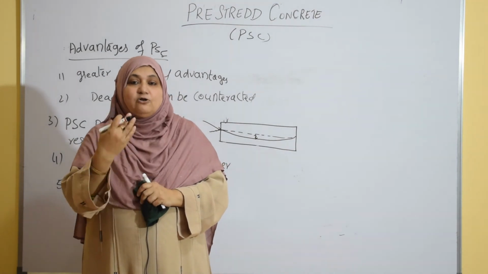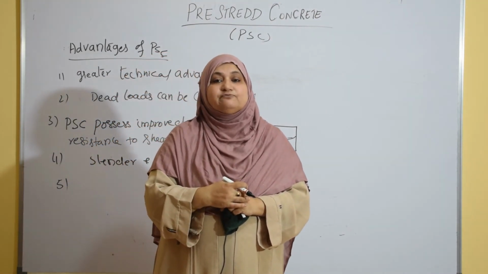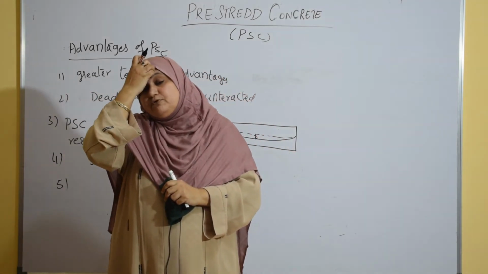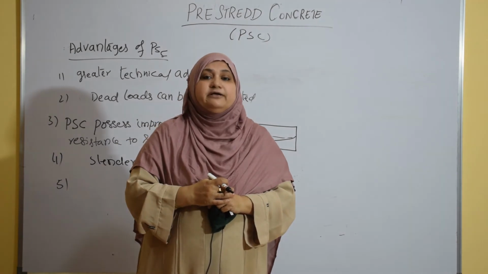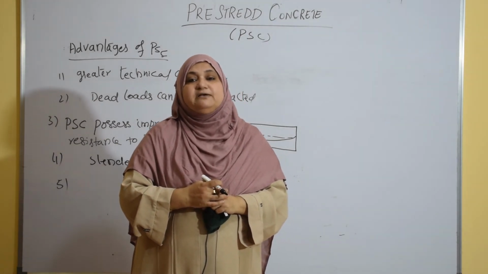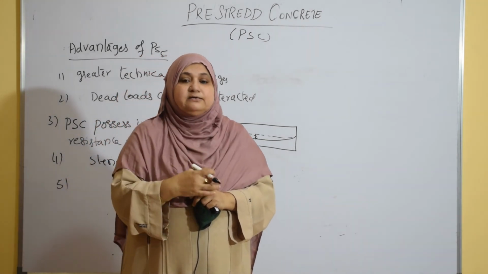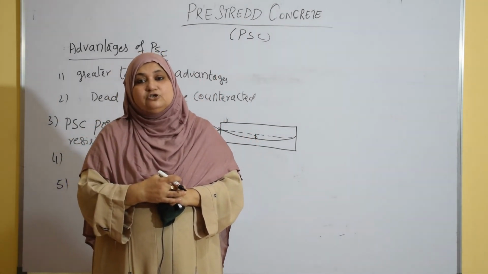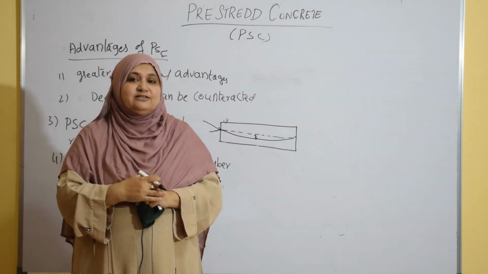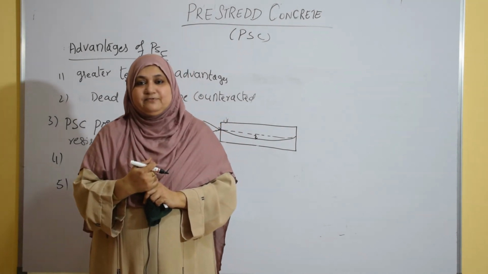Durability means for the long run. These two structural features will contribute to the improved durability of the structure even under an aggressive environment. Durability means that when the member is subjected to an aggressive environment, it should not deteriorate. We are using high strength concrete, and moreover pre-stressed concrete is shrinkage free and crack free.